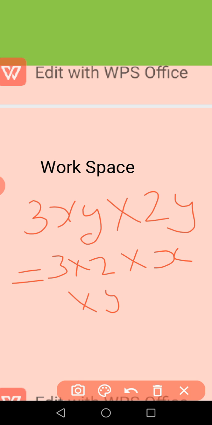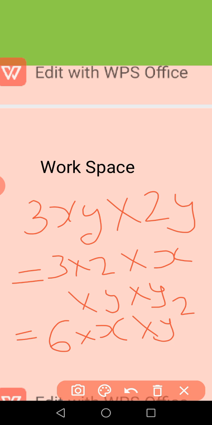Then 3 twos are 6, multiplied by x, only one time, x into y into y. In the laws of indices we explained that y into y is nothing but y square. So the answer will be 6x y square.